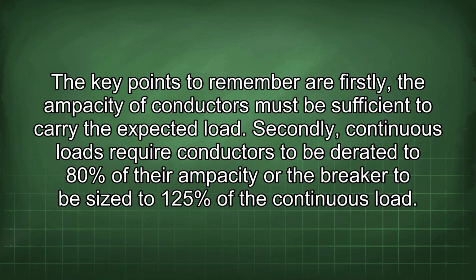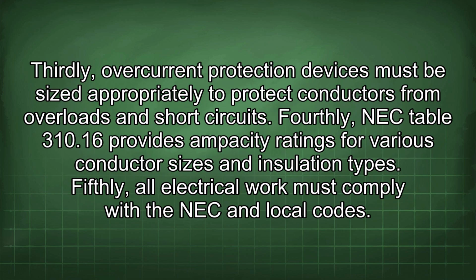The key points to remember are: firstly, the ampacity of conductors must be sufficient to carry the expected load. Secondly, continuous loads require conductors to be rated to 80% of their ampacity or the breaker to be sized to 125% of the continuous load. Thirdly, overcurrent protection devices must be sized appropriately to protect conductors from overloads and short circuits.